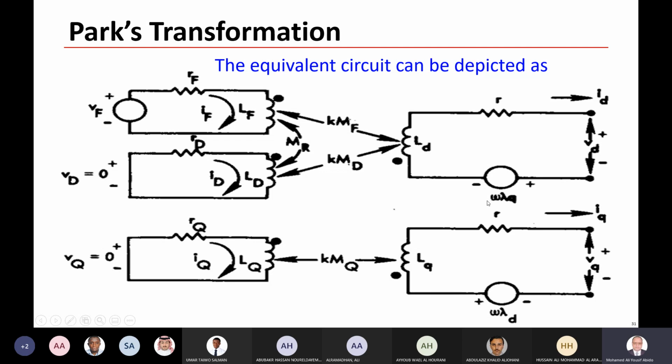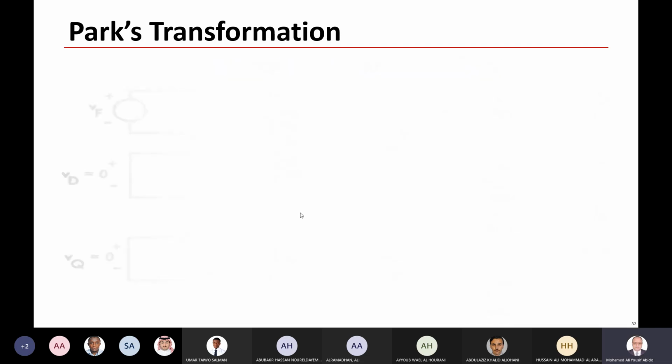As you can see here, you have omega lambda Q. This is called speed voltage, or inductance voltage: omega times lambda Q, and here we have omega times lambda D. So these are the equivalent circuits of the machine, and these are the flux linkages.